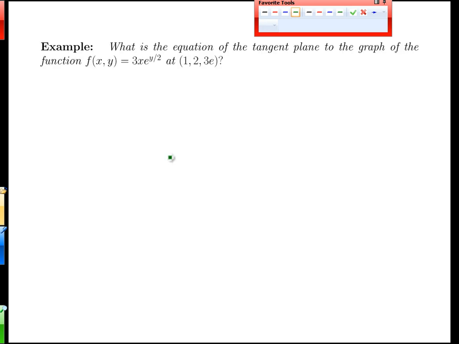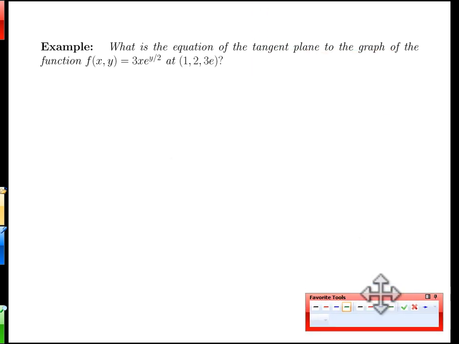All right, let's take a look at an example to hopefully make this more concrete. What is the equation of the tangent plane to the graph of the function, some crazy combination of x and y, at some particular point? Now, you'll notice that we've been given an x and a y, and this last value here, we didn't need to be given that, but it's handy to double check that f of 1, 2 is 3 times 1 times e to the 2 over 2, which is 3e.